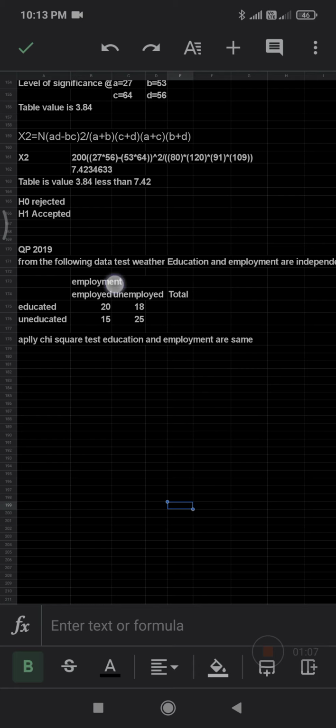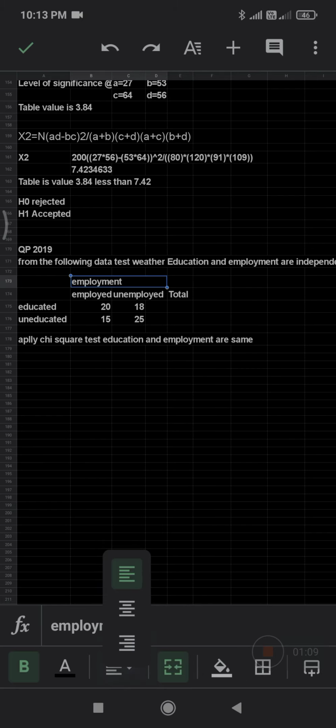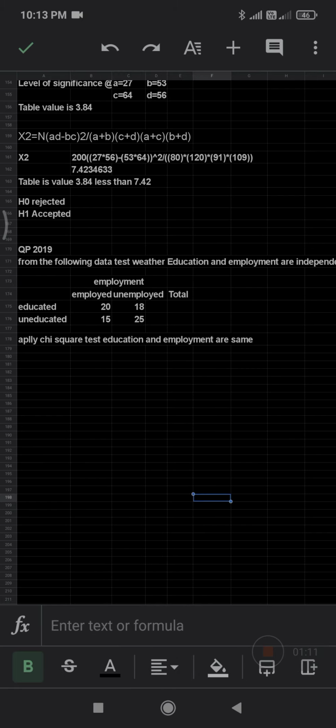Now here they have given the information. They have given employment and education. In employment they have given employed and unemployed. In education they have given educated and uneducated.